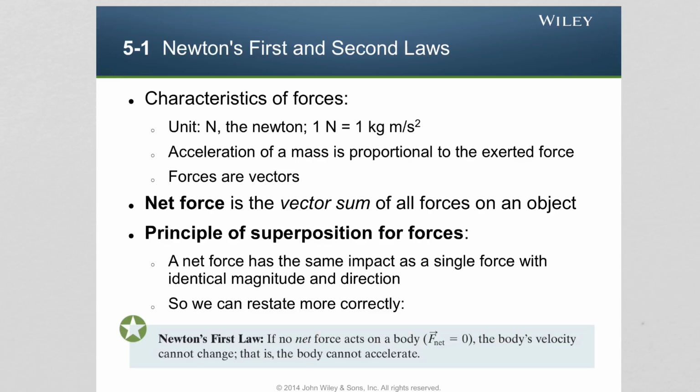This is extremely important to remember because manipulations of forces or calculation of problems which involve forces require to treat forces as vectors in order to get the correct answers.